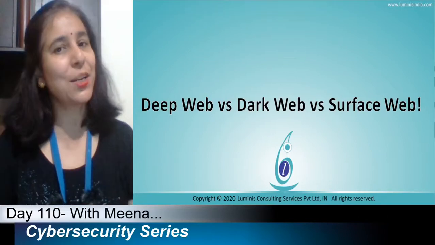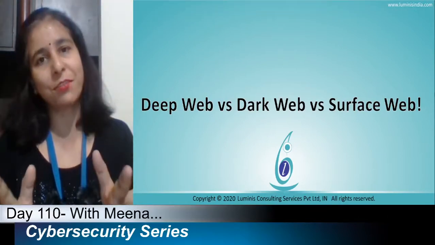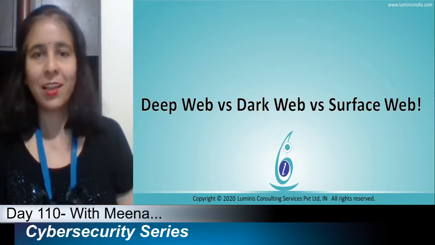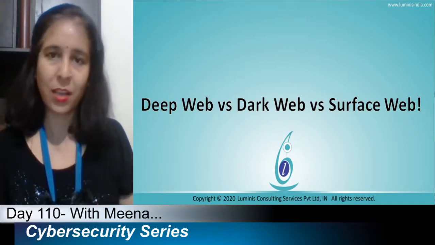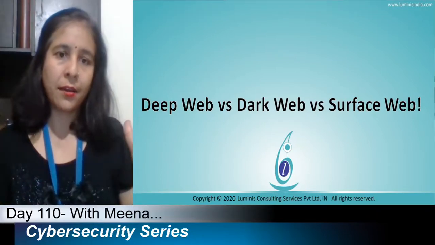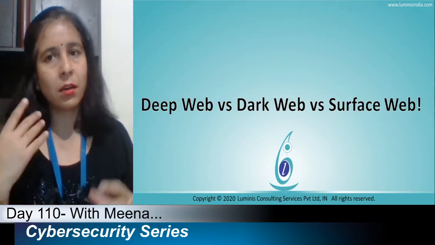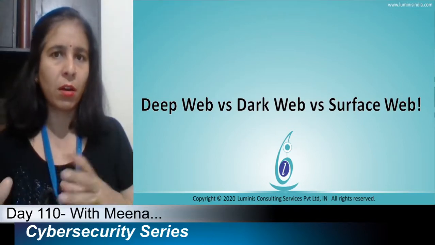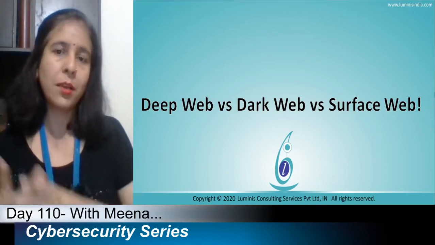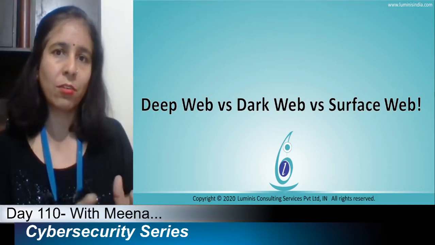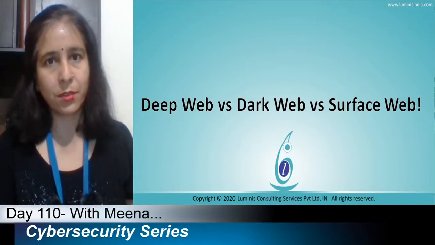This side is Meena and today I will discuss deep web, dark web and surface web. We are accessing multiple websites every day, and we are also accessing some information through credentials, where we need a username, password or some other kind of credentials to access that particular information.